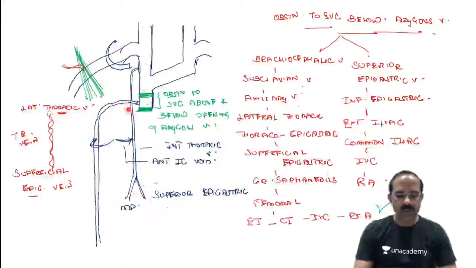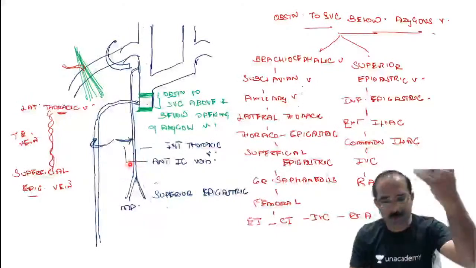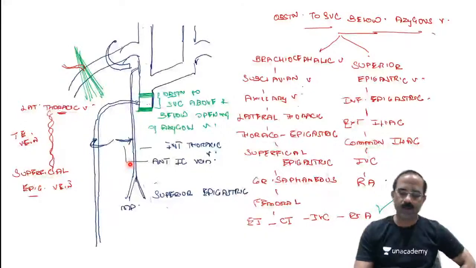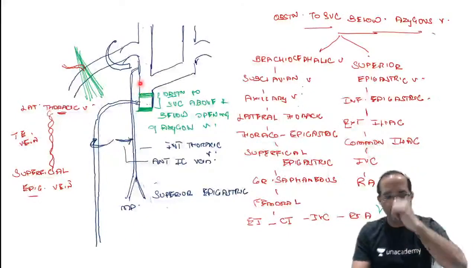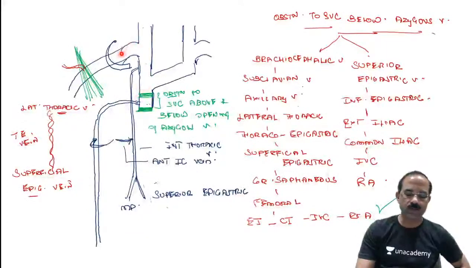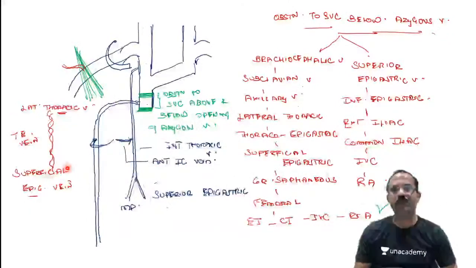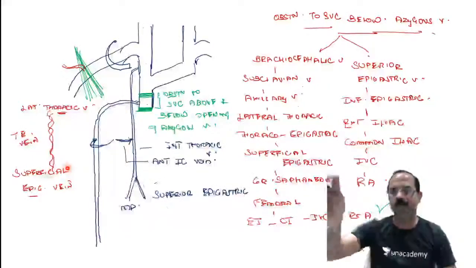The second pathway, internal thoracic vein, superior epigastric, inferior epigastric, inferior drains into external iliac, common iliac, IVC, right atrium. That's one. Now, suppose if the obstruction is above the opening of azygous vein, the main pathway is brachiocephalic, subclavian, axillary, lateral thoracic, then the thoracoepigastric vein, then the superficial epigastric, the great saphenous, femoral, external, common, and IVC.